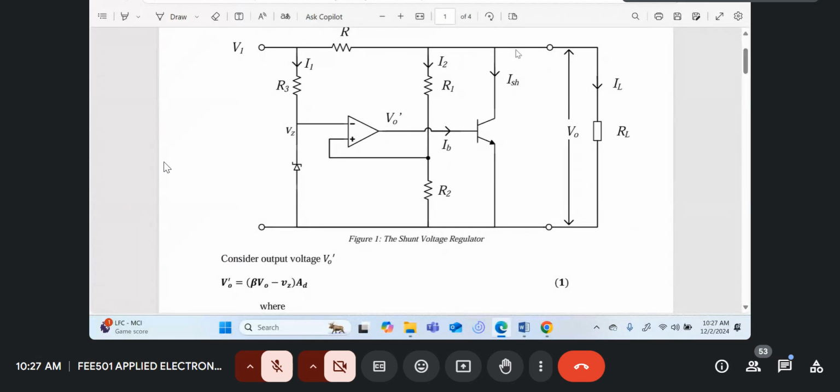Your transistor will be protected because the voltage across the collector is 0, so no current is going to flow through it. Your op-amp will also be protected.